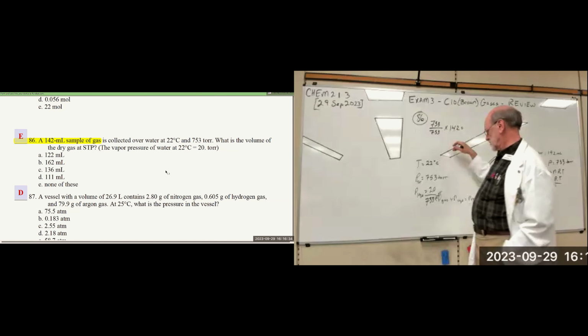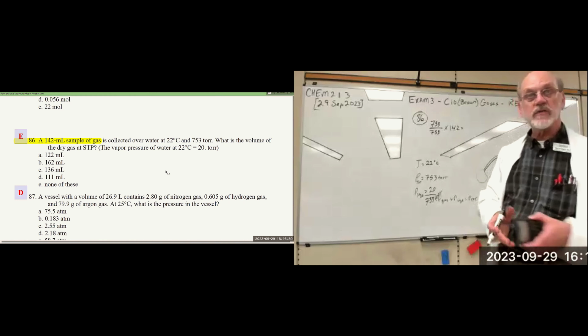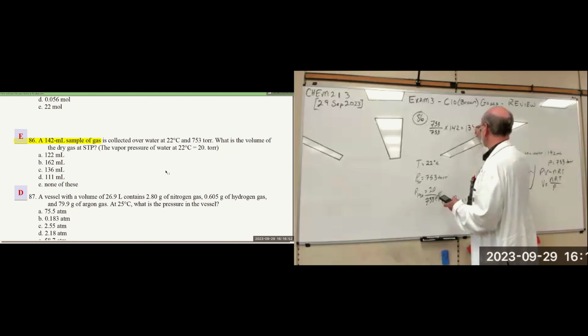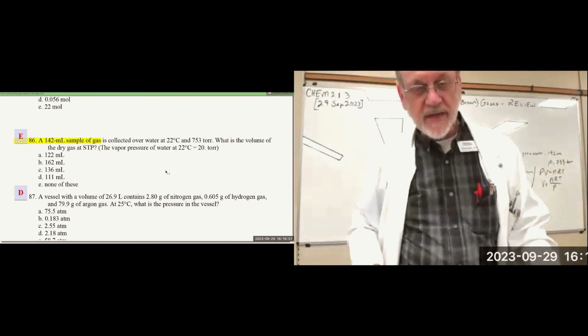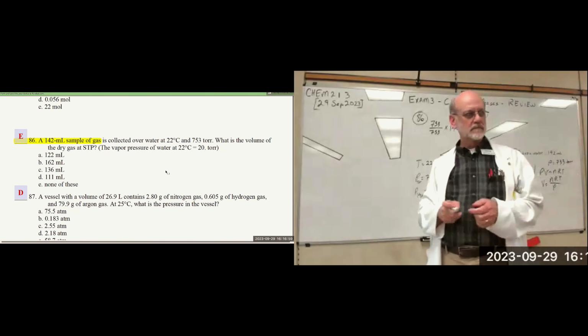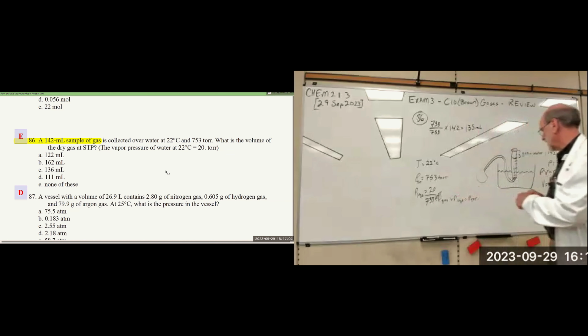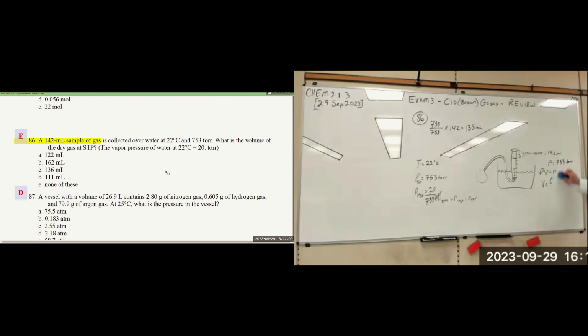That ratio, 733 over 753, should be the volume of the dry gas. 138 milliliters. And it's not there. I was almost making it more difficult than it needs to be again.